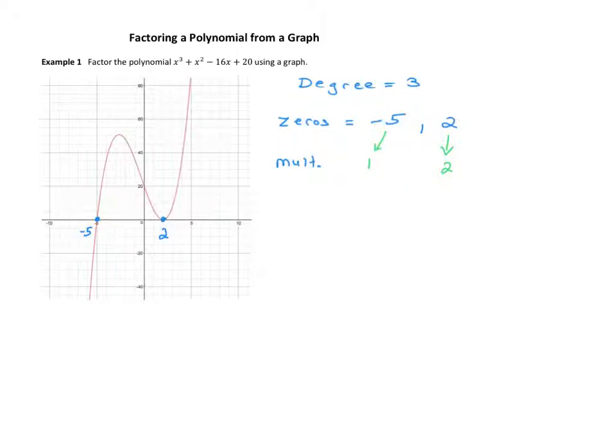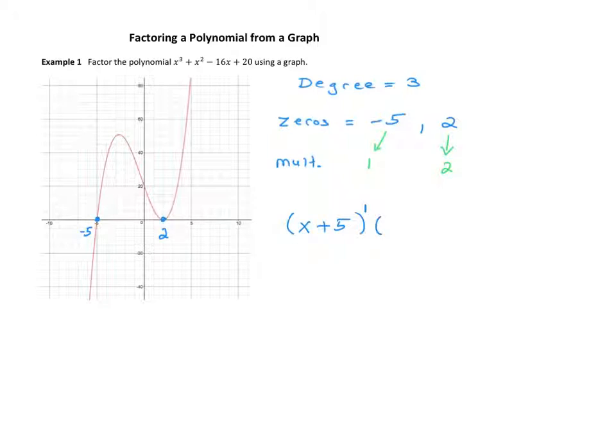If x equals -5 is a zero, it has got to be that x plus 5 is a factor. The reason for that is if you put -5 in place of x, it creates this zero within the equation. And the multiplicity of 1 would just go in the exponent. We don't have to write this, but I'll place it in here.